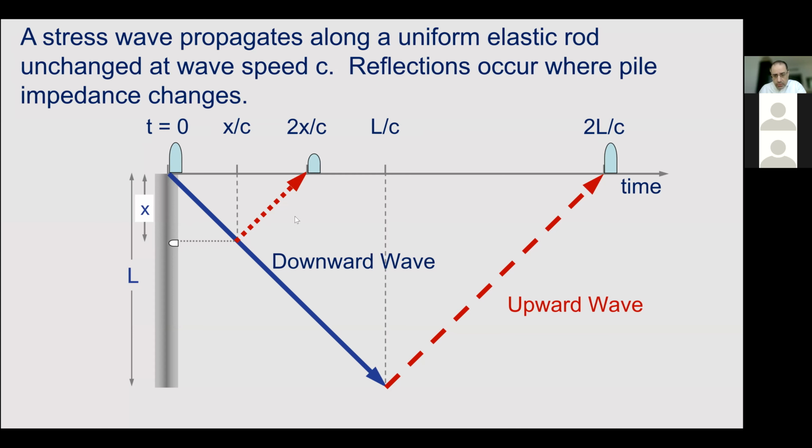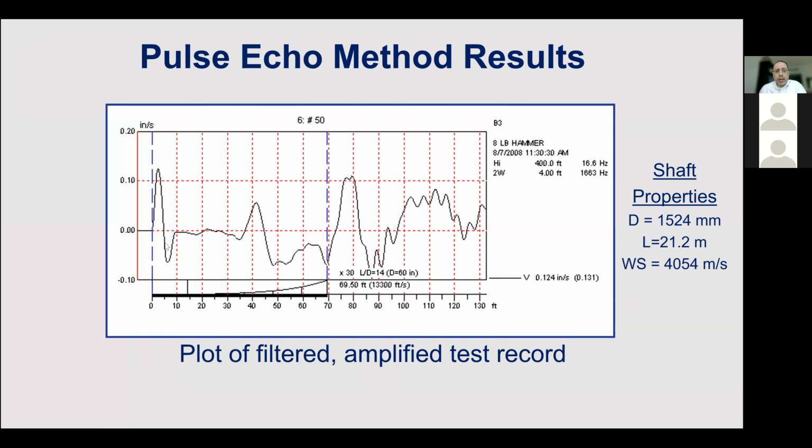Then the wave continues down the pile and gets reflected at the toe and then upwards the pile again. And this can show a signal of a pile that can indicate there's a problem around the midsection of the pile.